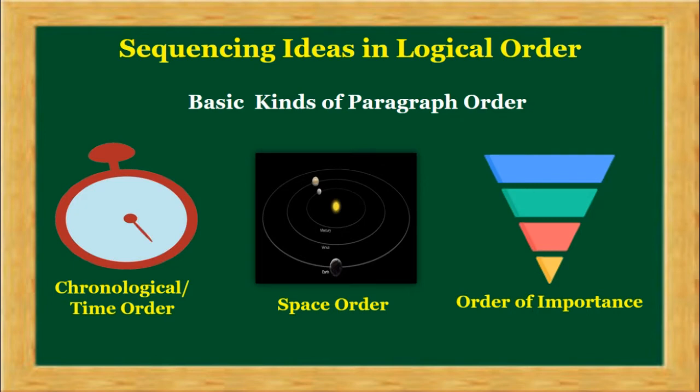As we progress with the lesson, you will learn when you should adopt each type of paragraph order, how to use them appropriately, some common and useful signal words that identify them, as well as sample paragraphs that highlight the use of each type.